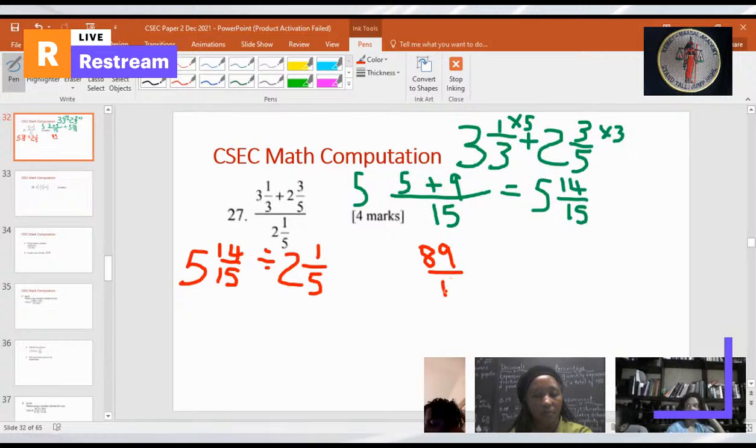I'm going to change the division to a multiplication, and we're going to change 2 and 1 over 5 to an improper fraction and then invert it. So 2 times 5 is 10 plus 1 is 11 over 5, and then we're going to flip it to 5 over 11.